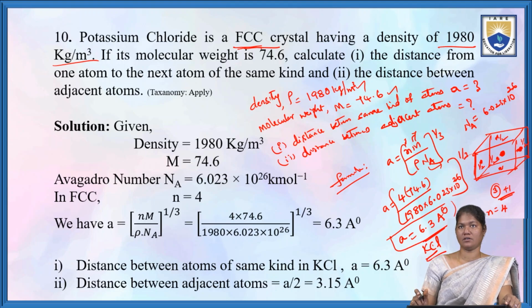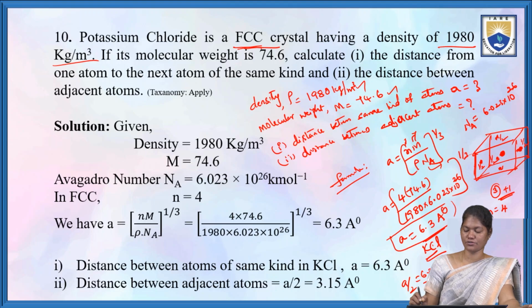So for the adjacent atom, we'll take a by 2. So that is equal to 6.3 divided by 2, 3.15 angstroms.